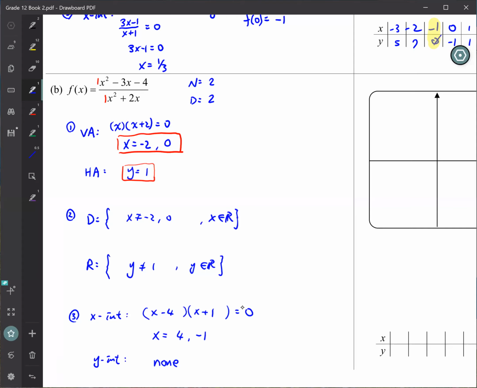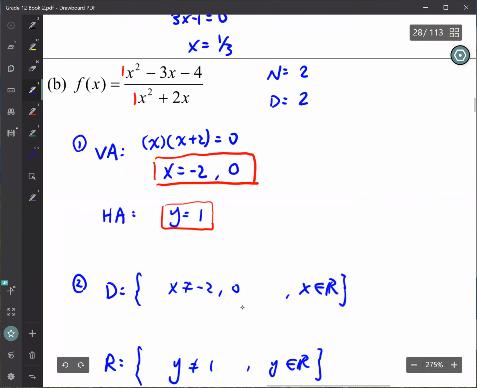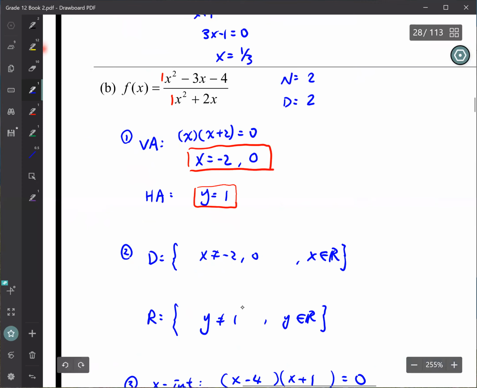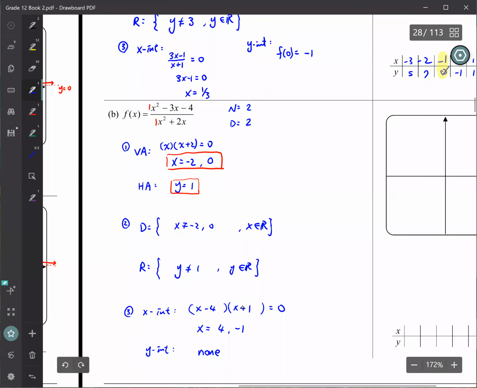Yes, okay, so if you sub in x equal to 0, if you remember your vertical asymptote, you have 0 as well, right? Also in your domain, you just wrote it down, x cannot be 0. So that's why if you try to sub in 0, it shouldn't work, right? You get undefined.